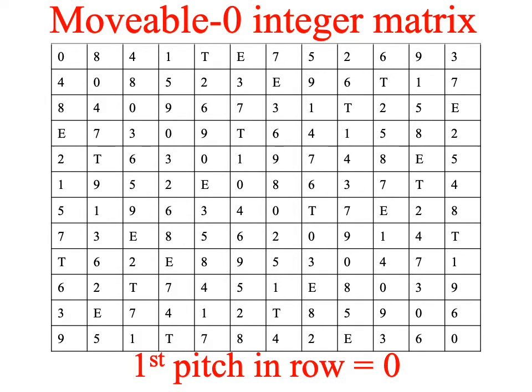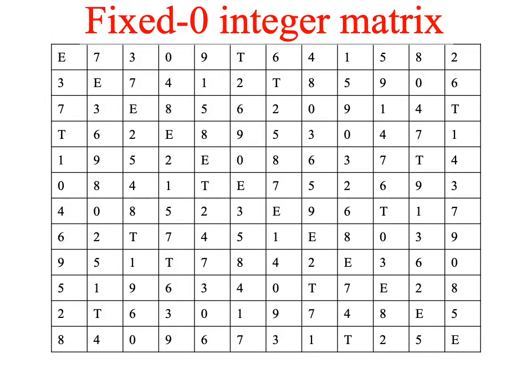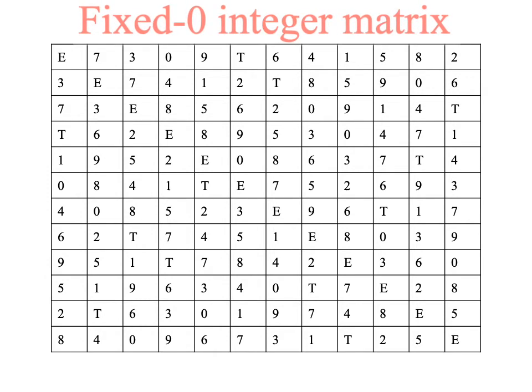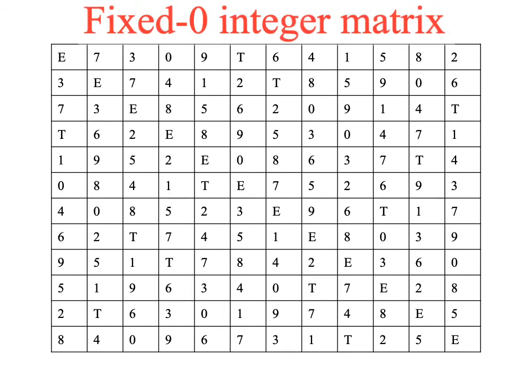Here's our first integer matrix again, the one that called B 0. That's a fixed 0 integer matrix. And when we're dealing with a fixed 0 integer matrix, that means C natural is always going to be 0. And C sharp is always 1, and D is always 2, and B flat is always 10, and B natural is always 11.